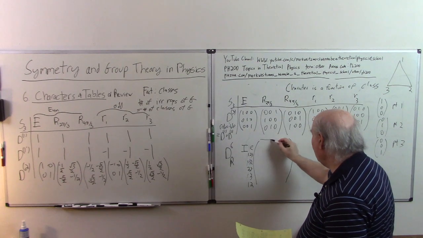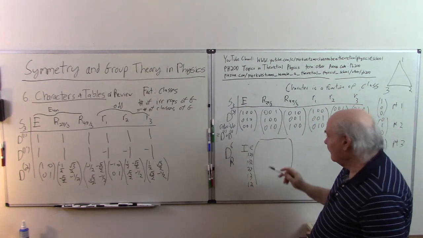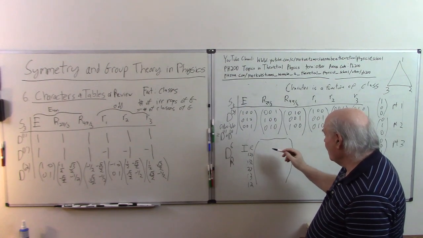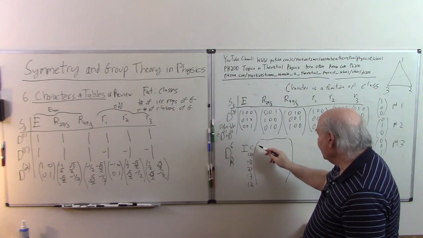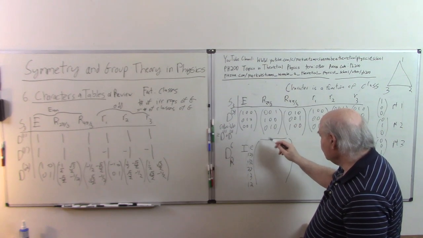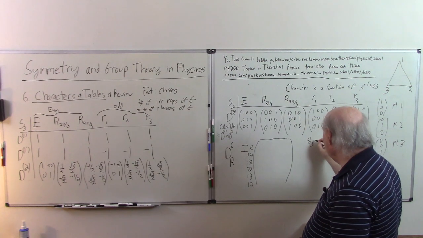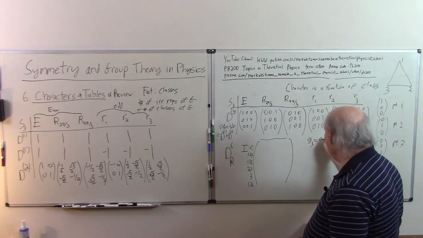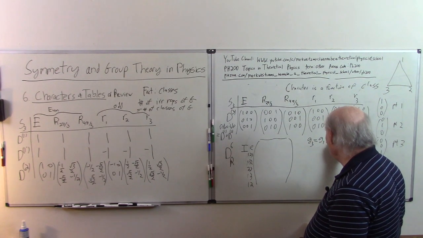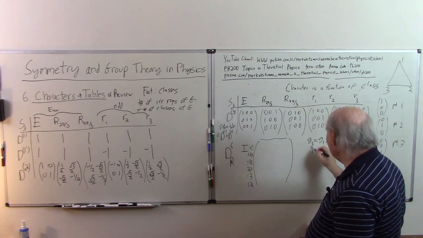We label them the same way on top, and basically it's just a multiplication table for the group. Whenever G3 equals G1 G2, wherever that element occurs, we put a 1 there.